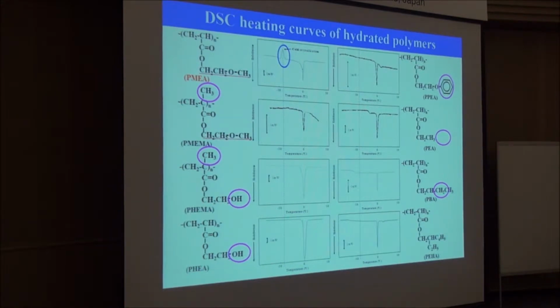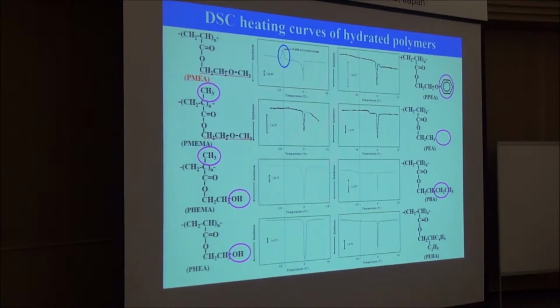I'm a chemist, and these are almost the same, but the water state is completely different. This is polyHEMA, very little. There is no peak, even though it is more hydrophobic. How about this? There is no peak, regardless of the physical-chemical properties. If we compare similar chemical structures, only PMA showed cold crystallization of water.